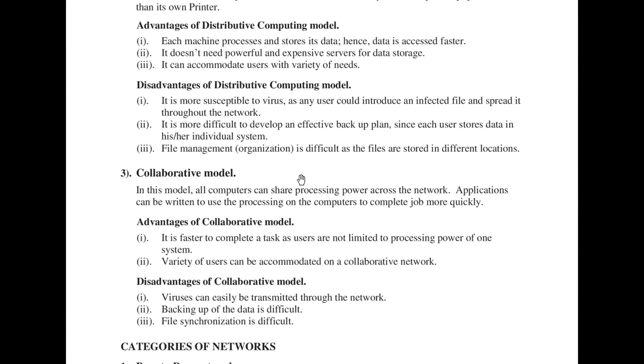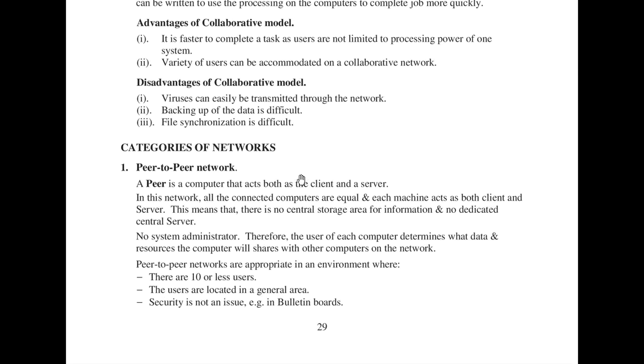We also have now the other one. We can talk of distributed computing. We can also talk about collaborative model. Then we have now peer-to-peer. This is the categories of network. A peer is a computer that acts both as a client and a server.